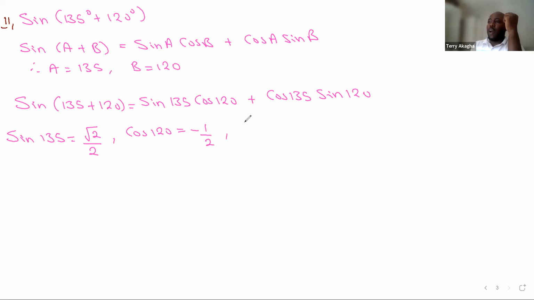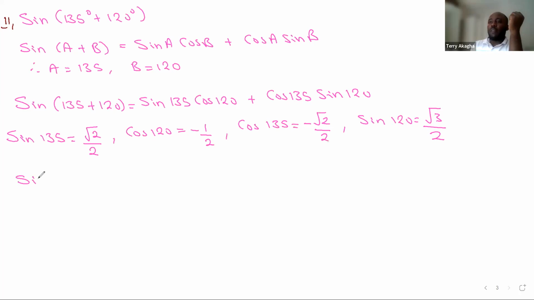The next one you have is cos 135. When you press your calculator, it's going to give you minus root 2 over 2. And sine 120 is going to give you root 3 over what? 2. Now, we substitute it now.